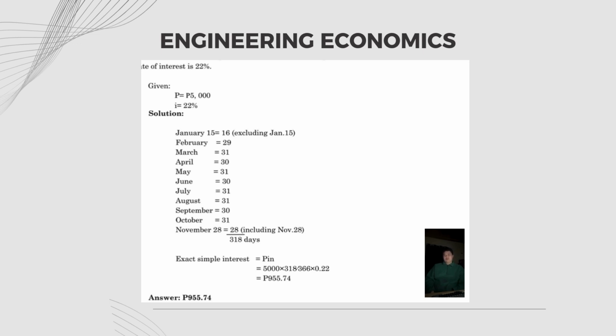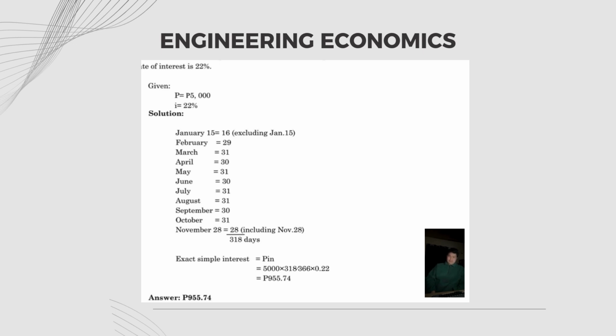For February, we have 29 days. March is 31 days. April is 30 days. May is 31 days. June is 30 days. July is 31 days. And August is 31 days. September is 30 days. October is 31 days. And November, 28 days. Summing this up, we have 318 days.